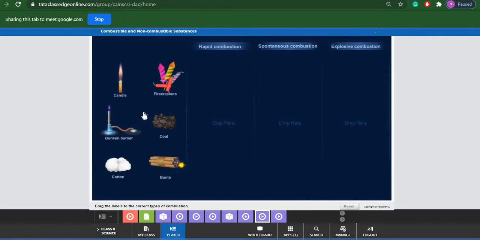Now please tell me, these are examples of different kinds of combustions. So first tell me what will be rapid combustions. Nania, please tell me. Burner. Okay, and another one. Excellent. Candle. Very good.